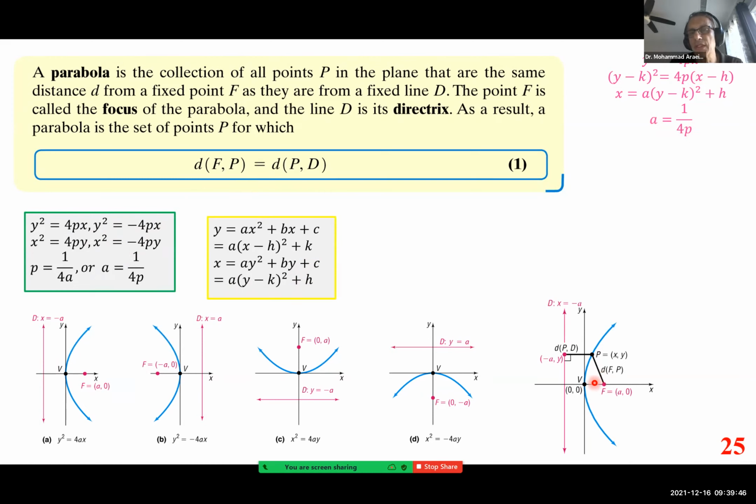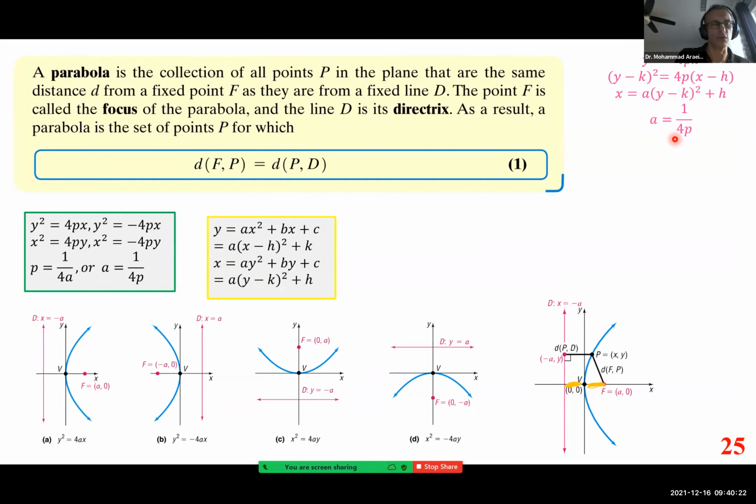So p represents this distance, which is the same as this distance. I hope you realize why they must be the same, because of this definition. If the point you pick is here, then the distance to the focal point and to the directrix must be identical. These two distances are the same, and they are called p. So a equals 1 over 4p, or p equals 1 over 4a.